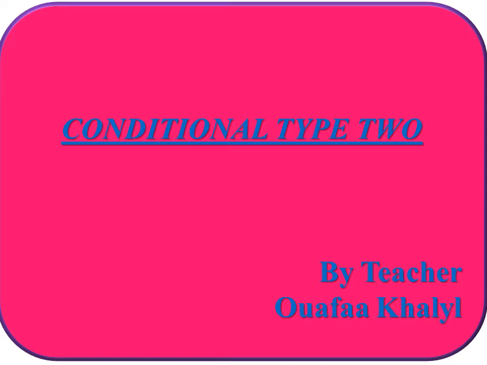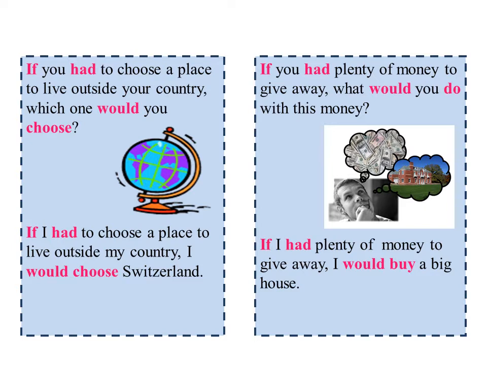Conditional type 2 is about an imaginary situation, unlike conditional type 0 and 1. We are going to try and imagine a situation that is not possible at the time being. Let's discover together. You are living in Morocco.